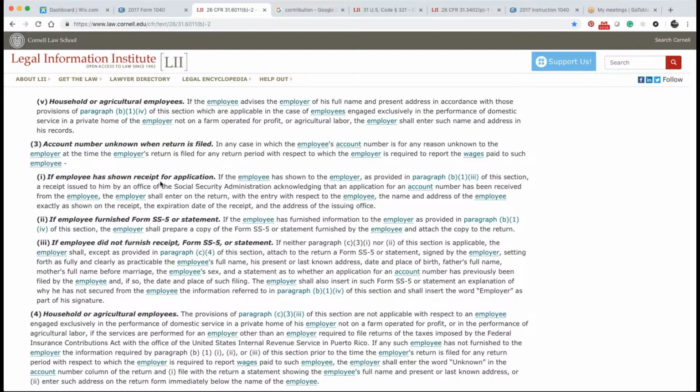If the employee has shown to the employer, as provided in paragraph B13 of this section, a receipt issued to him by the Office of Social Security Administration acknowledging that an application for an account number has been received from the employee, the employer shall enter on the return, with the entry with respect to the employee, the name and address of the employee exactly as shown on the receipt, the expiration date of the receipt, and the address of the issuing office. So he could just show his receipt if he goes to get his account number. If the employee furnished Form SS5 or statement, see, they keep saying statement.